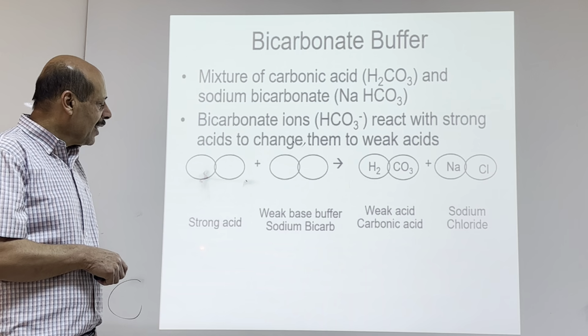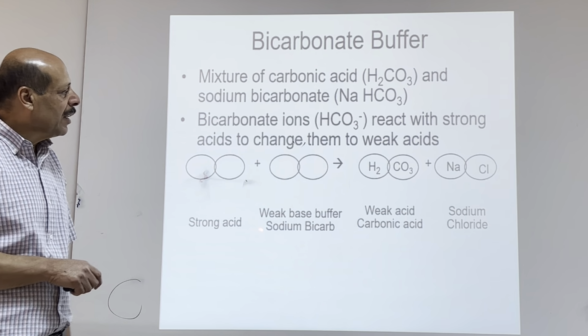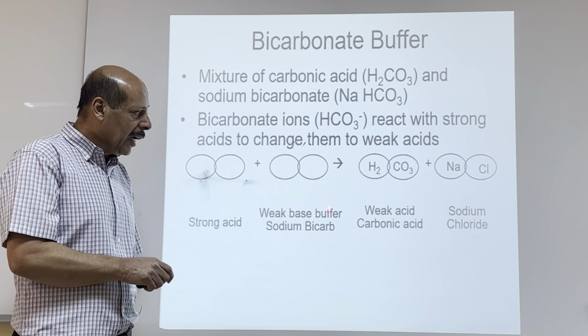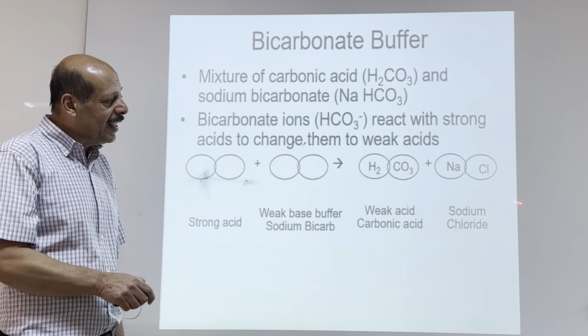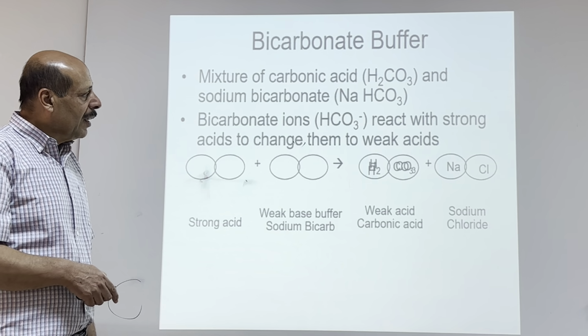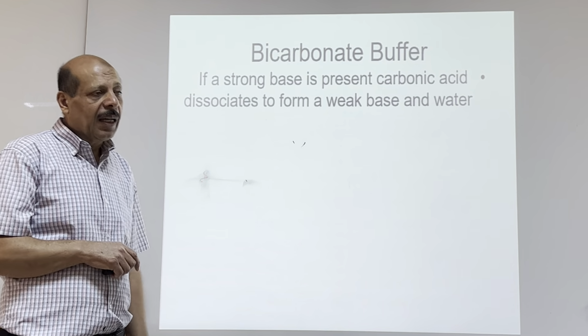So strong acid plus weak base, HCl plus sodium bicarbonate, gives a weak acid and sodium chloride. By that, it will neutralize the blood.